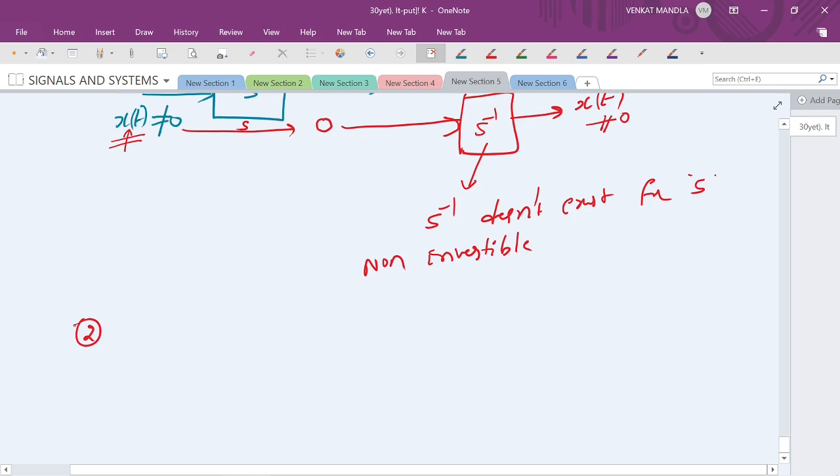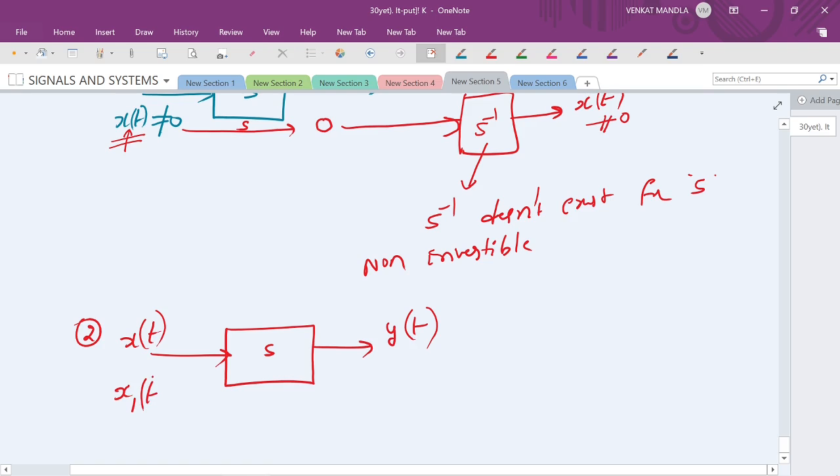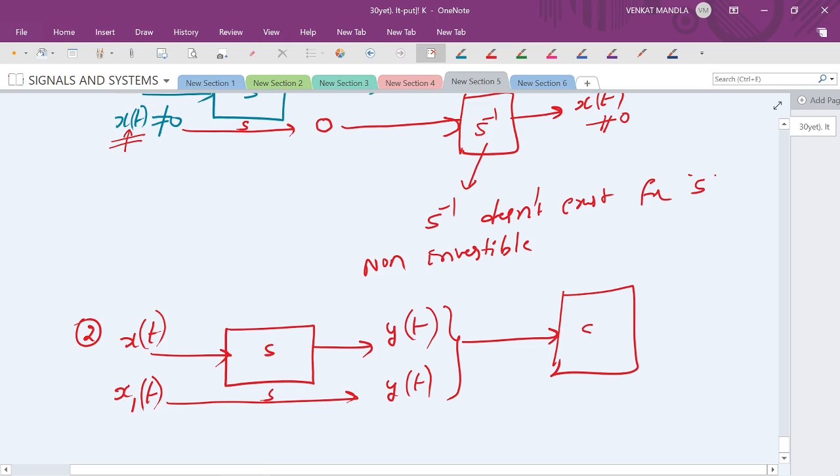And one more condition also there. Second: suppose this is x of t, y of t, the system. If multiple inputs give the same output, that is, if x of t gives y of t, and some x1 of t also gives the same output y of t, now I want to recover the original signal from S inverse.